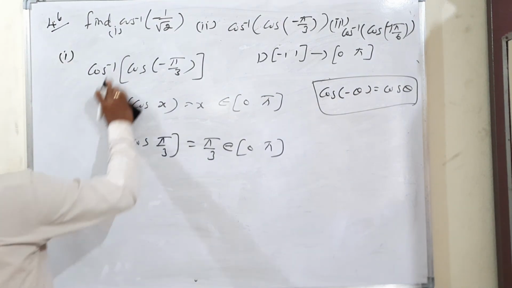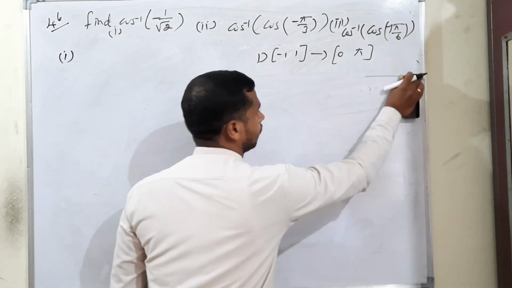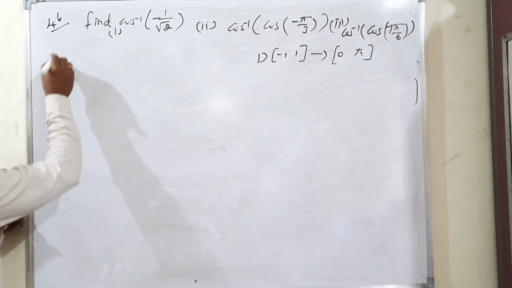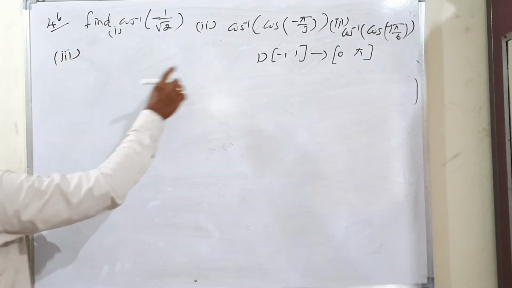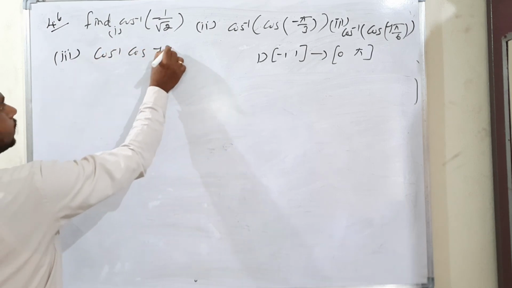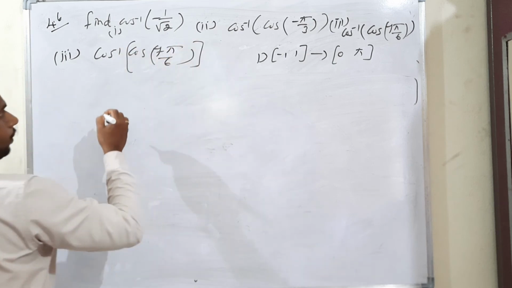Moving to subdivision 3: cos inverse cos of 7 pi by 6.